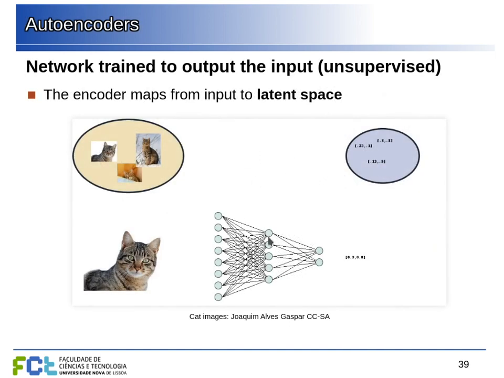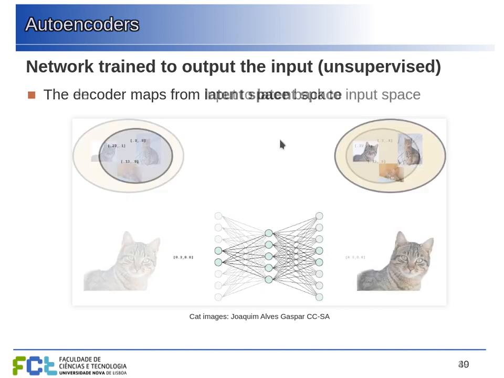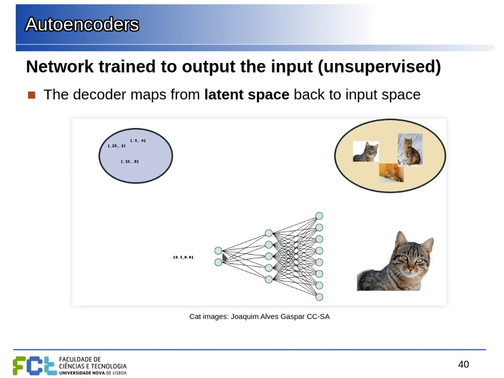Because on one hand, one half of the network is transforming the input into some particular encoding, this latent space, from which the other part of the network can extract the original image. So this encoding here must somehow retain enough information about the data in order for the decoder to be able to reconstitute the original image.